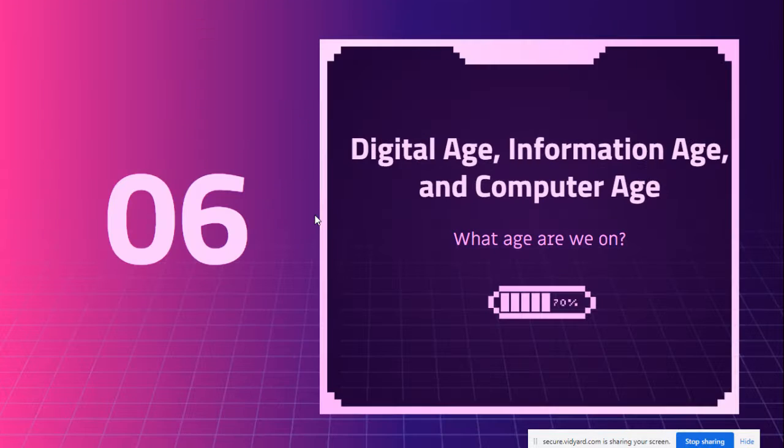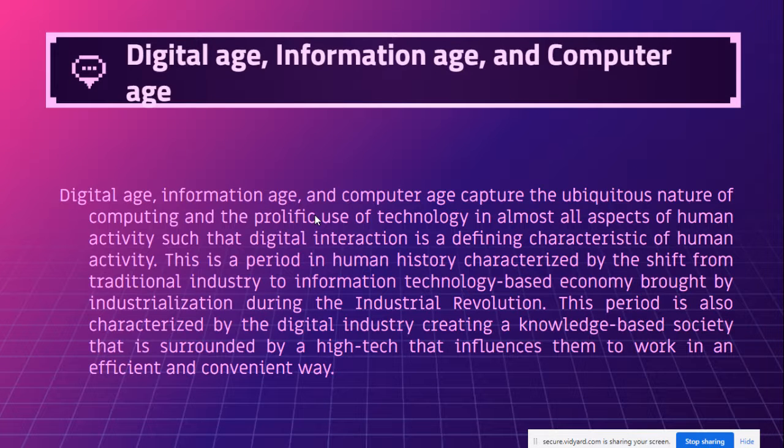So next topic is digital age, information age, and computer age. What age are we on? As emerging technology, user devices, and ways of interaction with other users and devices join the research, growth, and business launch market, the meaning of what digital means tends to evolve over time. This period is also characterized by the industry creating a knowledge-based society that is surrounded by high tech that influences them to work in an efficient and convenient way.